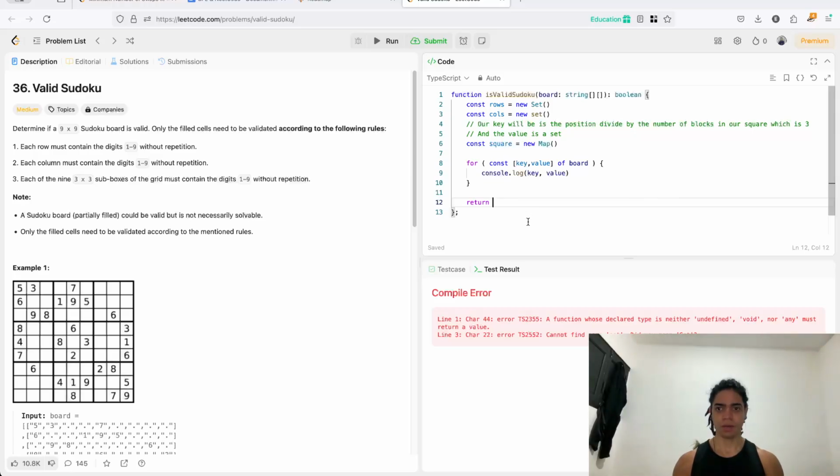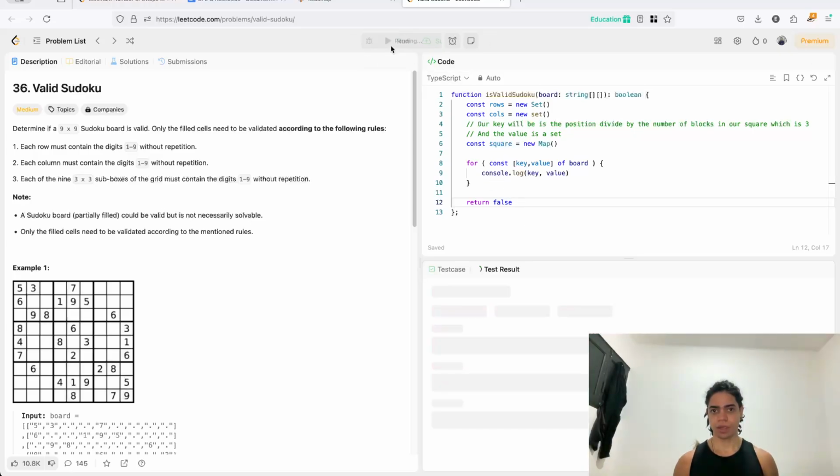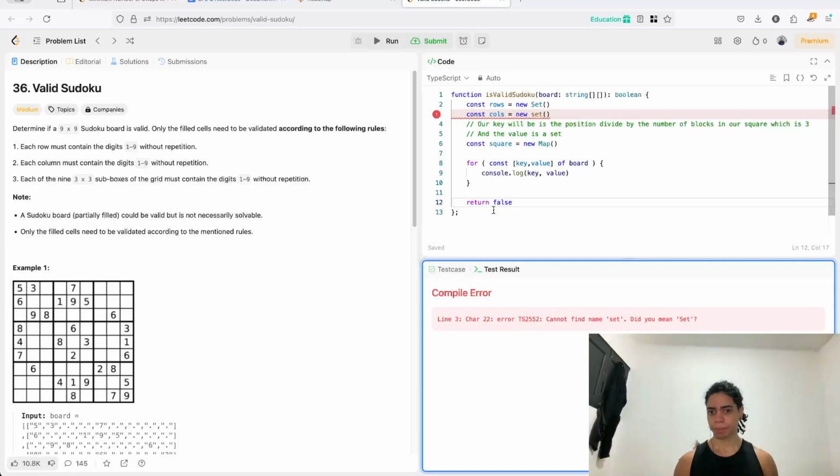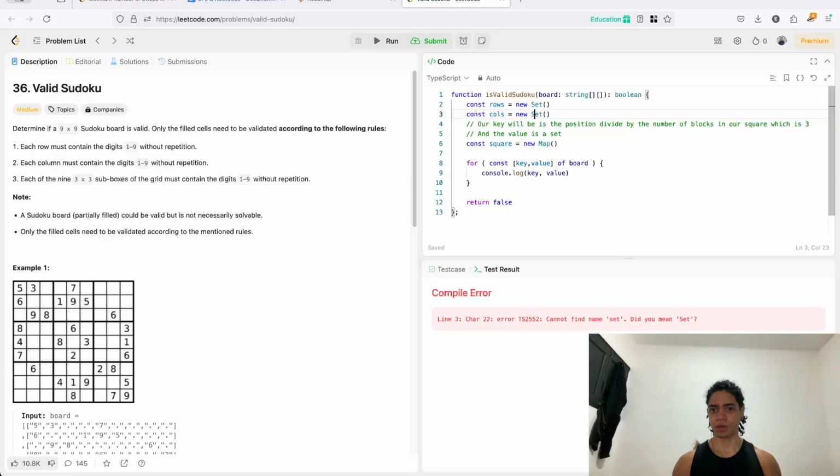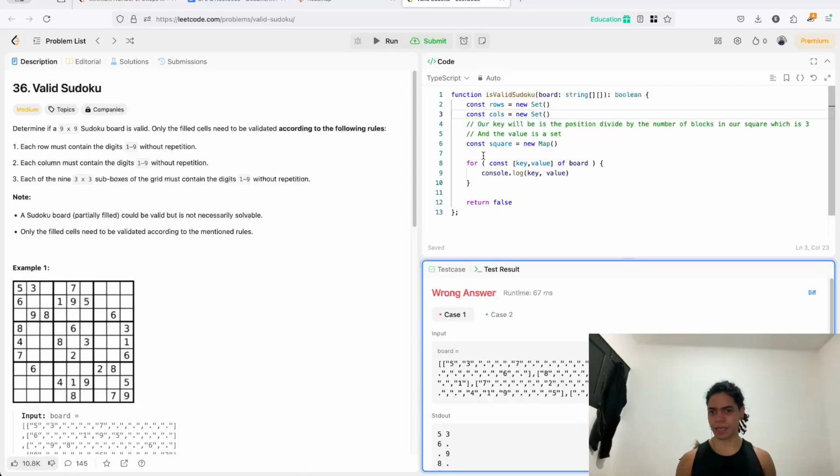Okay, return true or return false, right? Let me run this. Oh, of course, because it's in lowercase. Silly me. JavaScript is now evaluating and saying, hey, what is this?